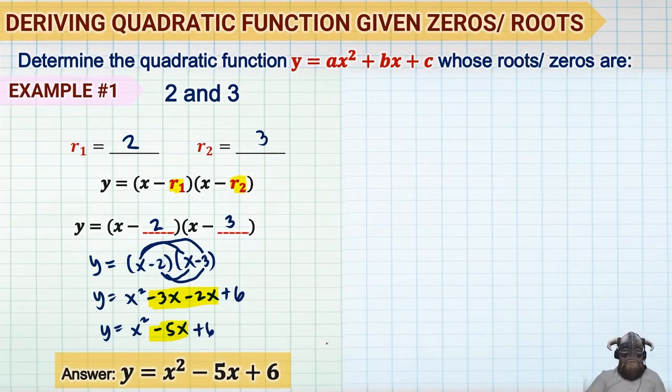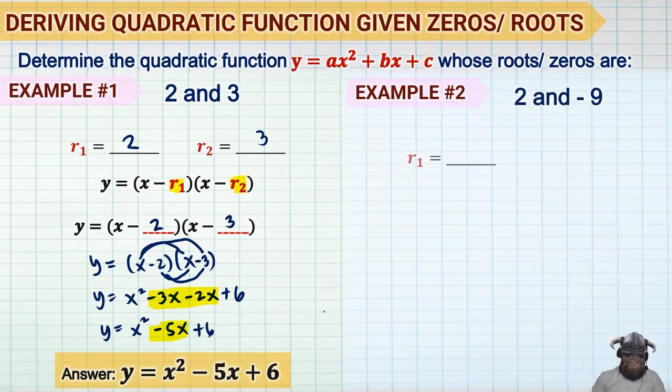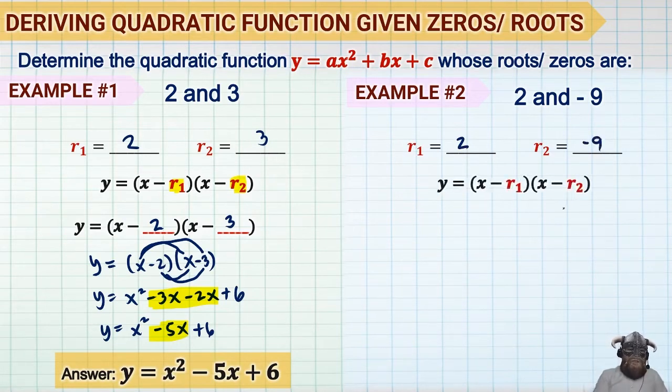Okay, let's continue with this second example. What if the given roots or zeros will be 2 and negative 9? We have to follow the same process. Let's put here again R1 or the first root is 2, the second root is negative 9. Next, this is our working formula again that we derived earlier. We just need to substitute R1 and R2 on this part.